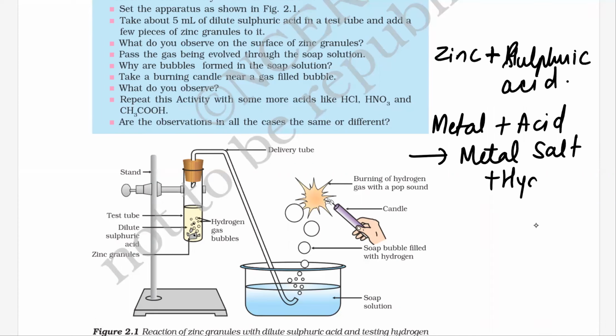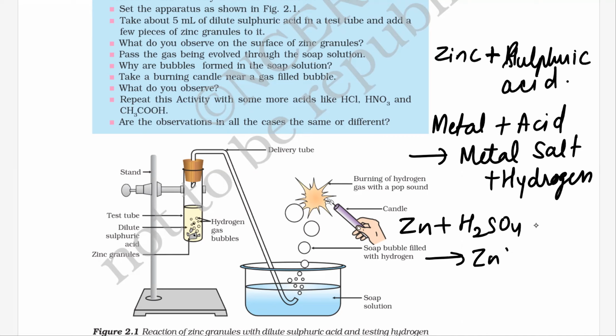Here the metal is zinc and the acid is sulfuric acid, so it will be ZnSO4 plus H2. This is the metal salt and this is hydrogen gas.